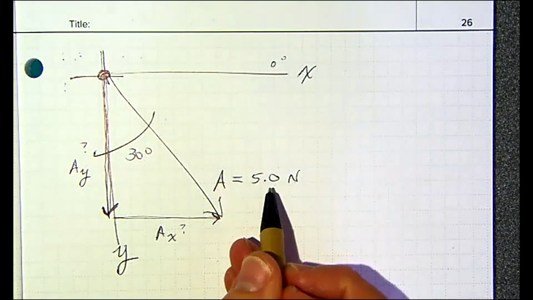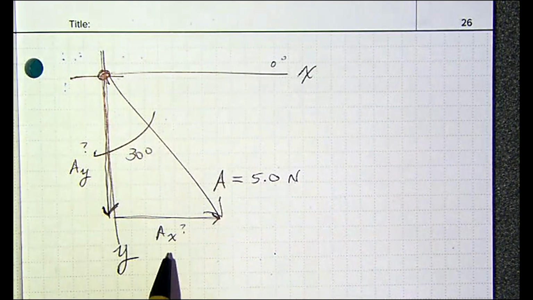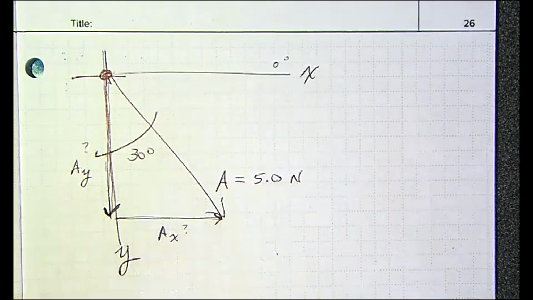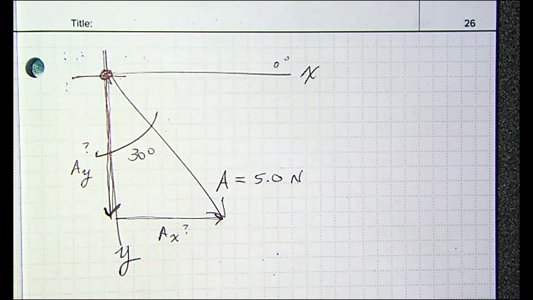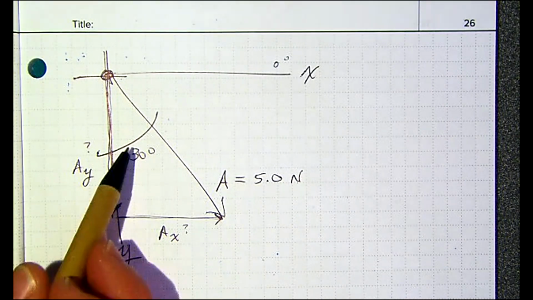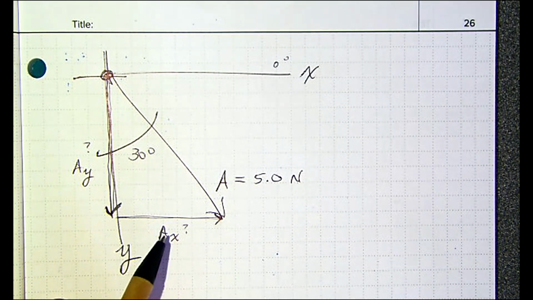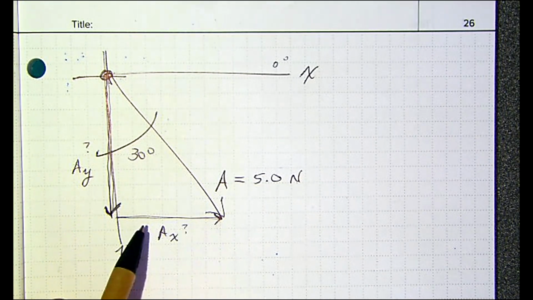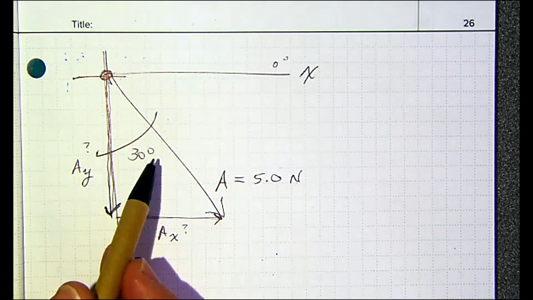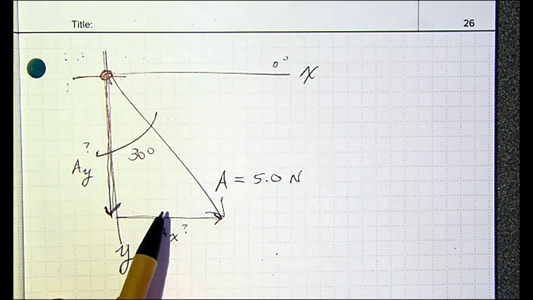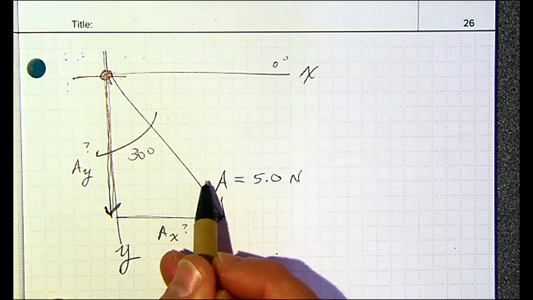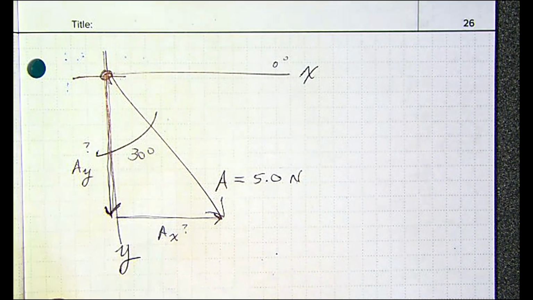So this A is the resultant vector, and this A and this X are sides of a triangle. Even if you don't remember the sine, cosine, tangent business, I'm just going to tell you: the relationship between this 30-degree angle and this side, this is called the opposite side because it's the one furthest away from the angle. If you were measuring this angle instead, the opposite would be a different one.